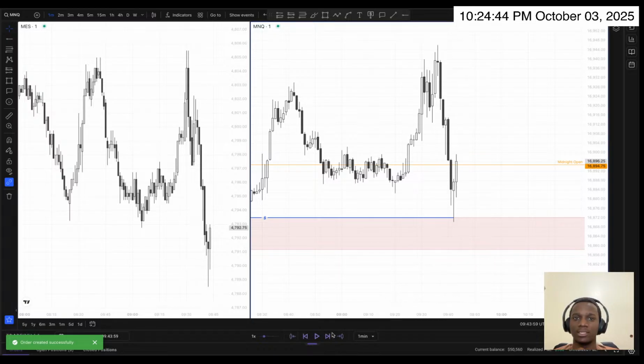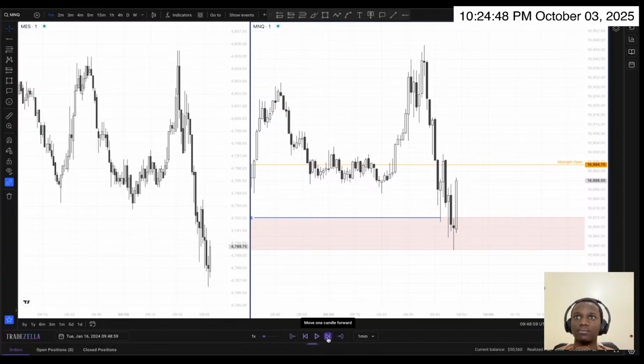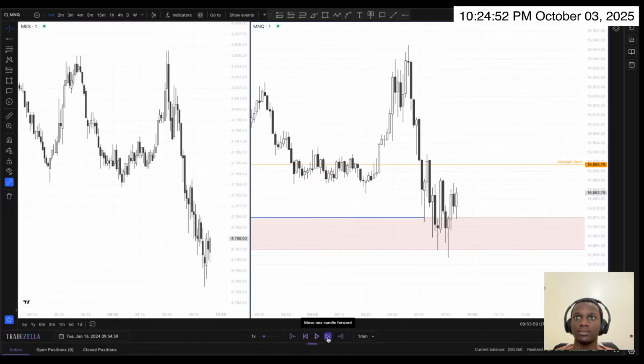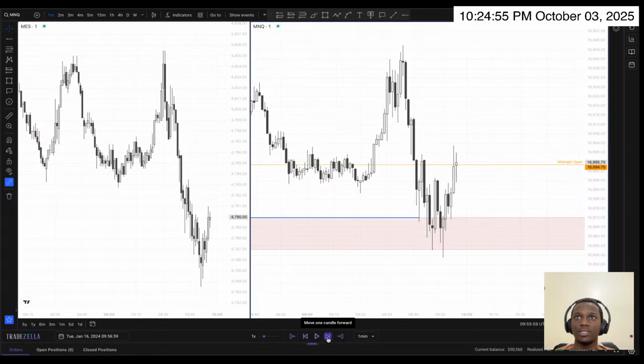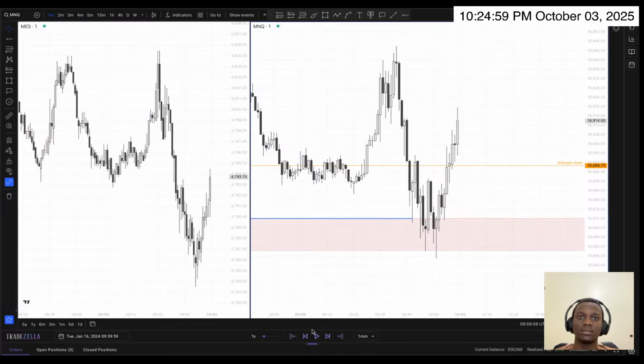So we're about to create another inversion. Okay, more manipulations. So here's the inversion. Where do we close above it? Right here, which is really far.